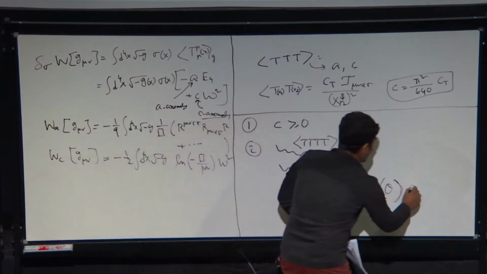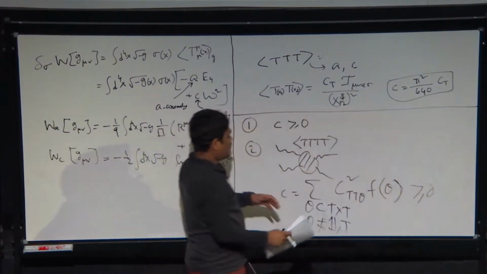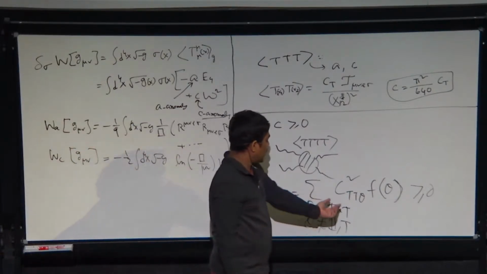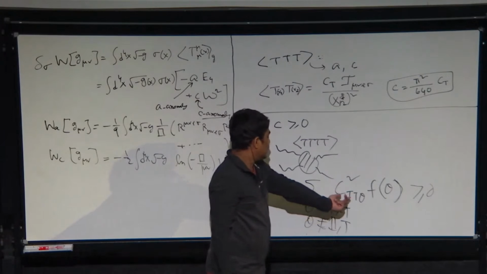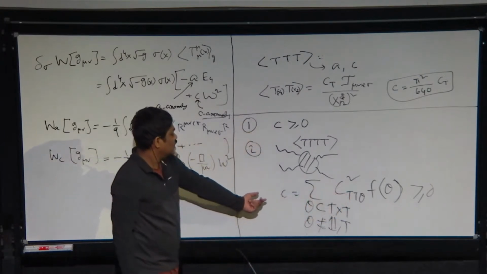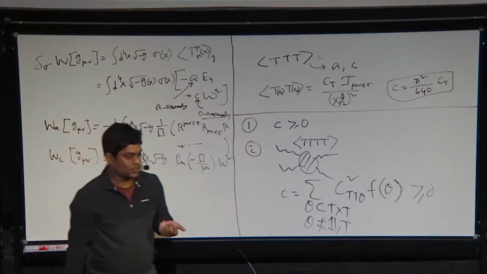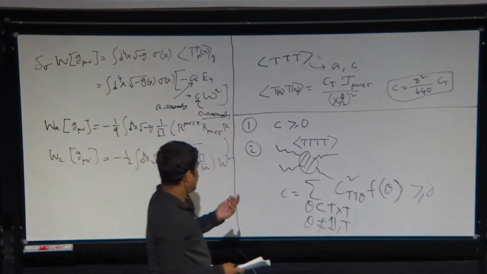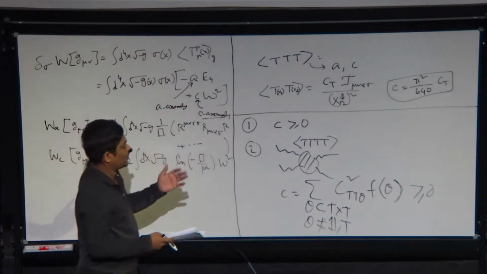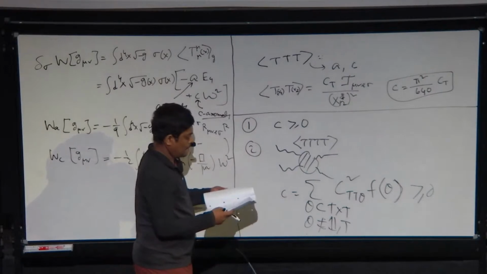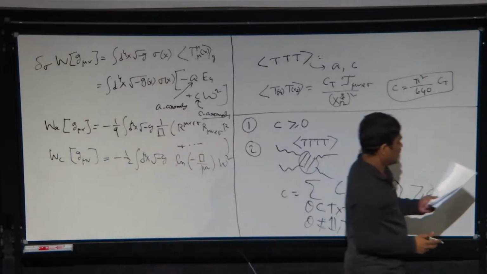And from there, one can also see it's positive. And more interestingly, if one can do some numerical conformal bootstrap and find some bound on the C_TTO coefficients, from there one can bound the C coefficient in a CFT as well. But somehow no one has done the stress tensor correlator bootstrap in 4D, because it's a hard problem. But in principle, one can do it.